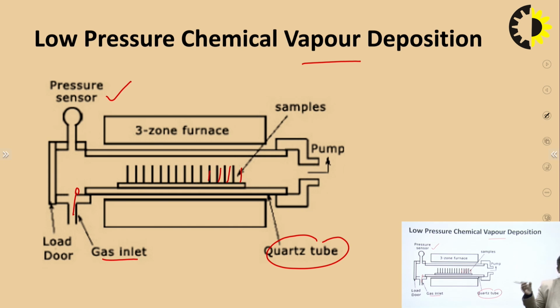The vapor is deposited onto the wafers. I have already explained wafer making in my earlier lecture: the making of silicon wafers from the big substrate. So these are the wafers, and the vapor is going to deposit on these wafers.